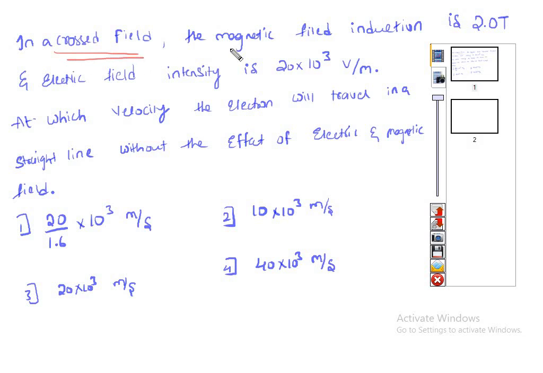In a crossed field, the magnetic field induction is 2 Tesla, and the electric field intensity E is equal to 20 into 10 to the power of 3. We need to find the velocity of the electron in a straight line without being affected by electric and magnetic fields. So the basic formula, you know the relation, V is equal to E by B, right?